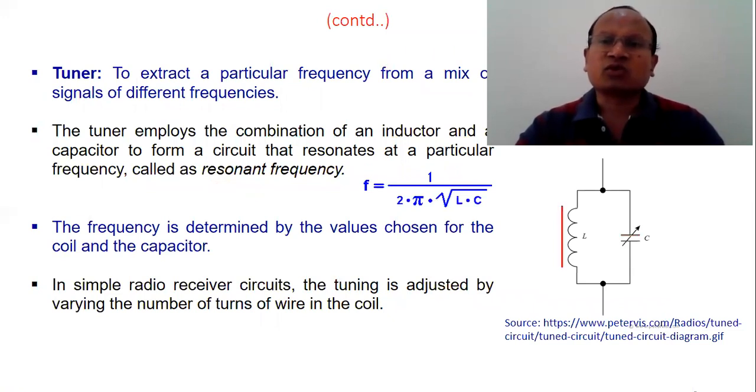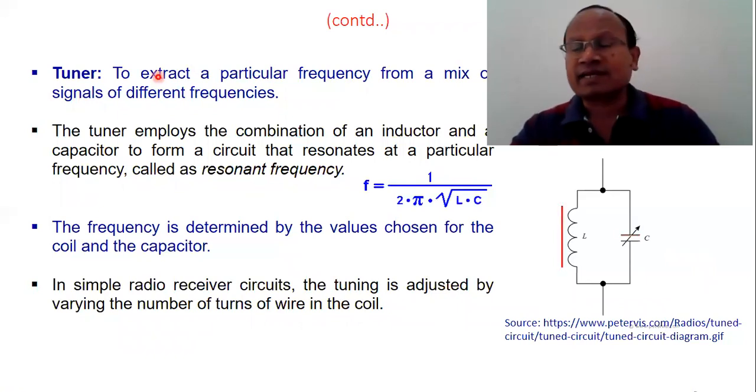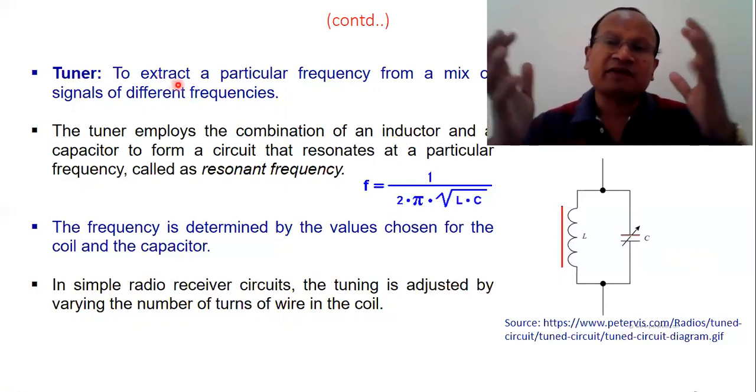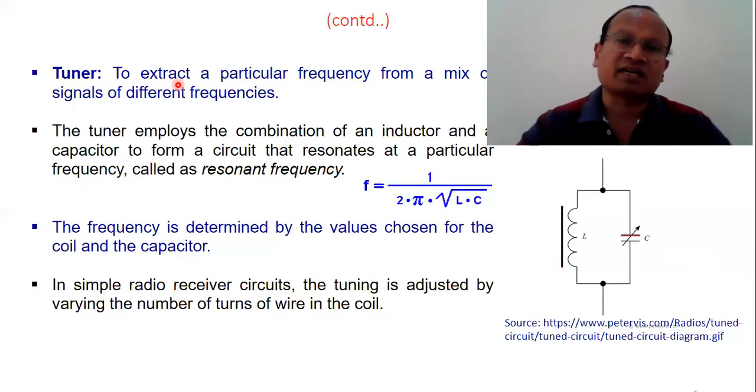Then, as I also told you, the tuner is used to select, to provide us a particular frequency. So to extract that particular frequency from a mix of a number of frequencies which have been received by the antenna and amplified by the RF amplifier, the tuner is used.